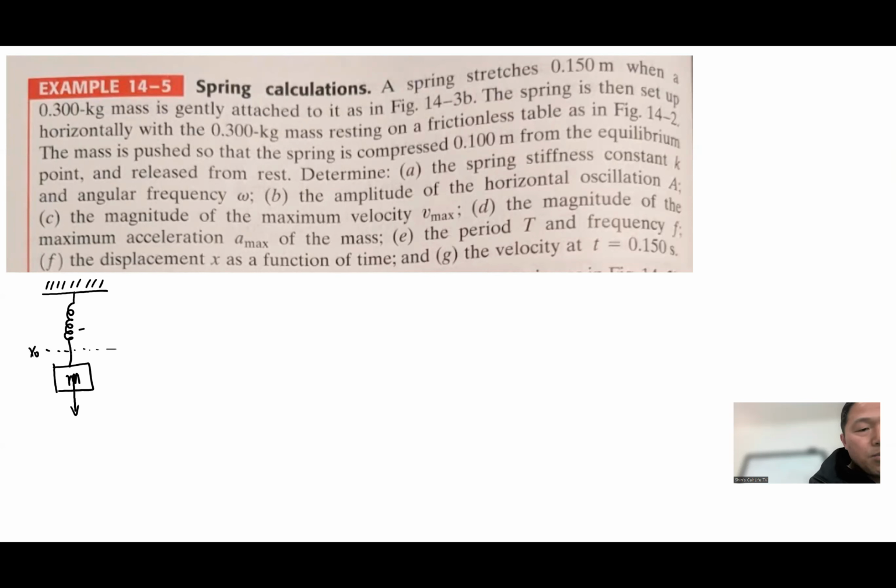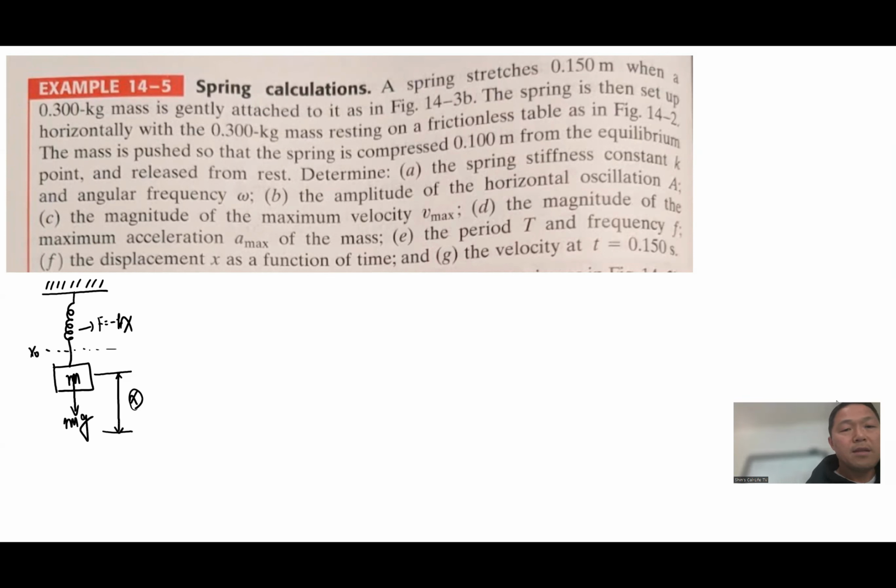That spring produces the force based on Hooke's law, F x, and the mass m is pulled downward by gravity, so that displacement x should be expressed as a function of time out of the simple harmonic oscillation motion.